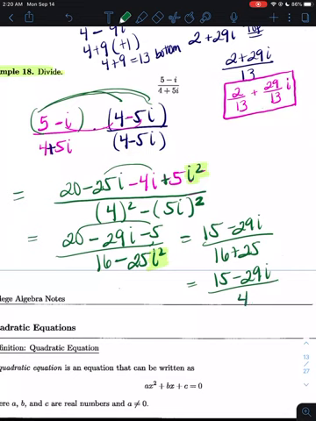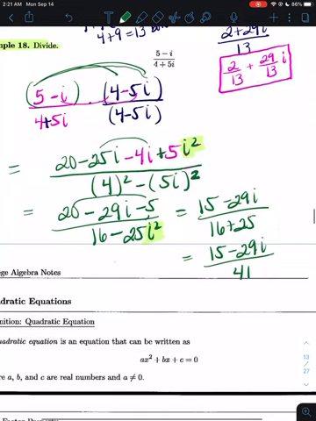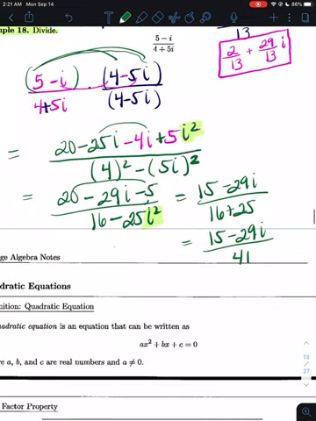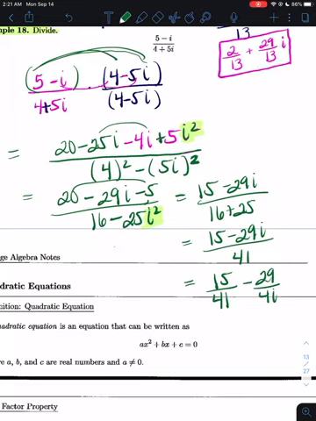Combine those together, I get 41. And you can't even share the same denominator, so you need to split this apart. So 15 over 41 minus 29 over 41, and put the i beside the fraction. All right, and that's it.